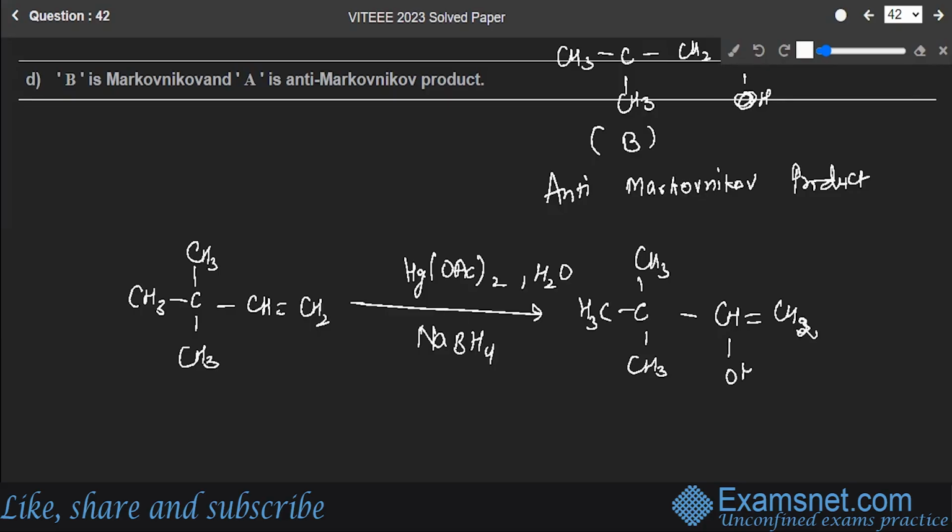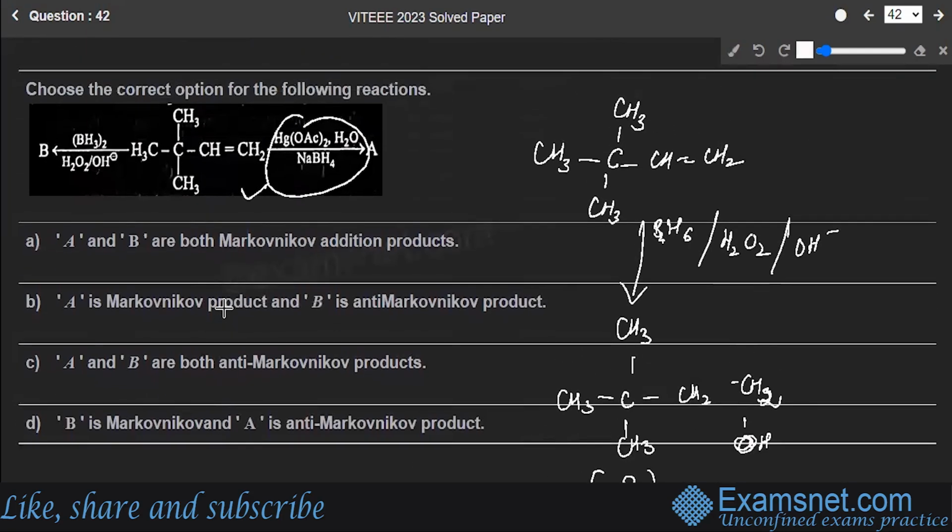And here will be OH. Right, this is your A product, and this is the Markovnikov product. So your A is the Markovnikov product and B is the anti. You have B option as the correct answer. Hope you understood this. Let's move to the next question.